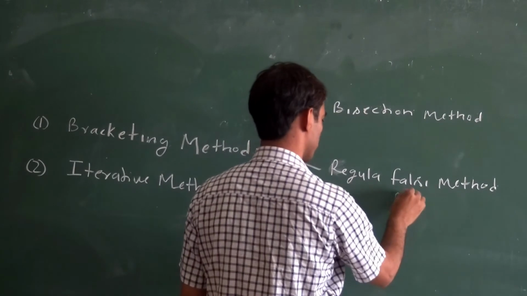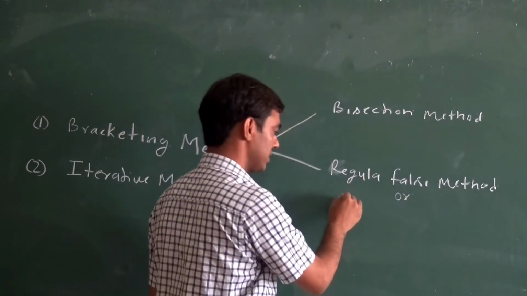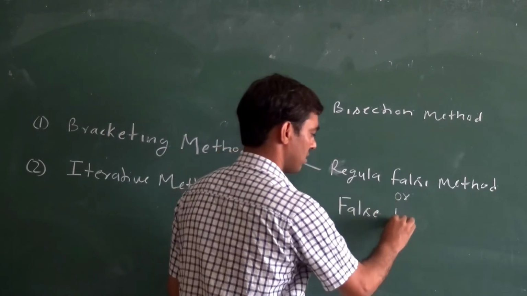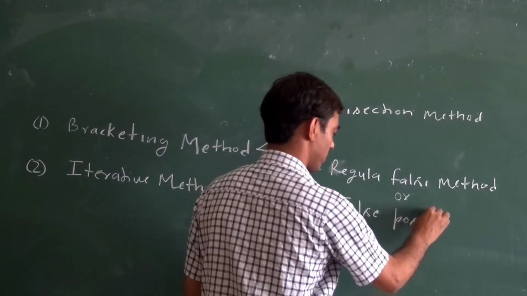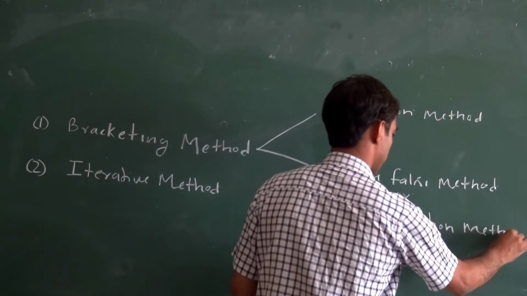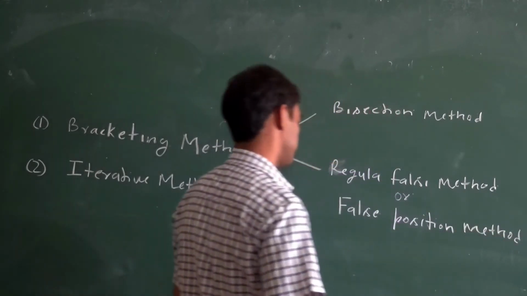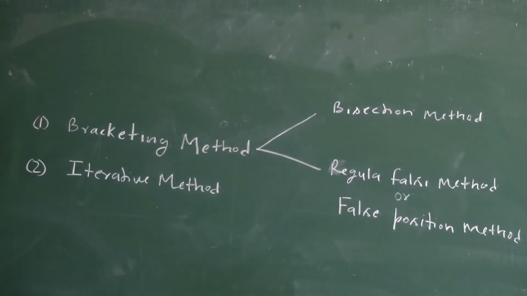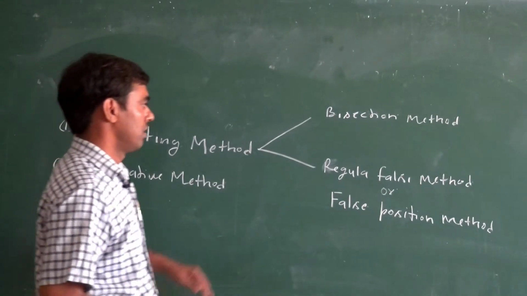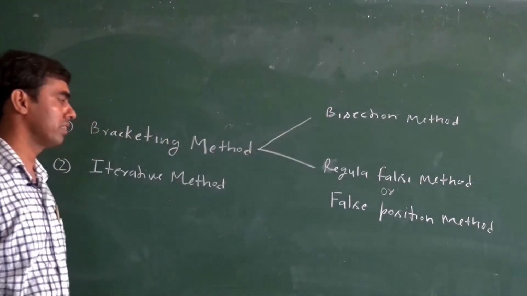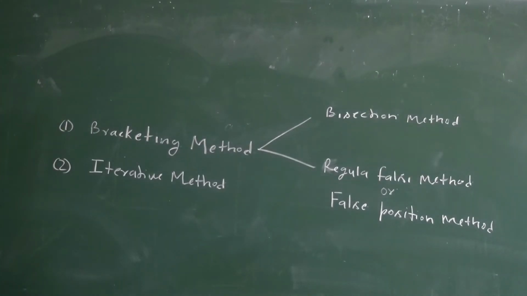This one is also known as the false position method. There are many more methods under the bracketing method, but initially we discuss the bisection method and the regula falsi method, or false position method.